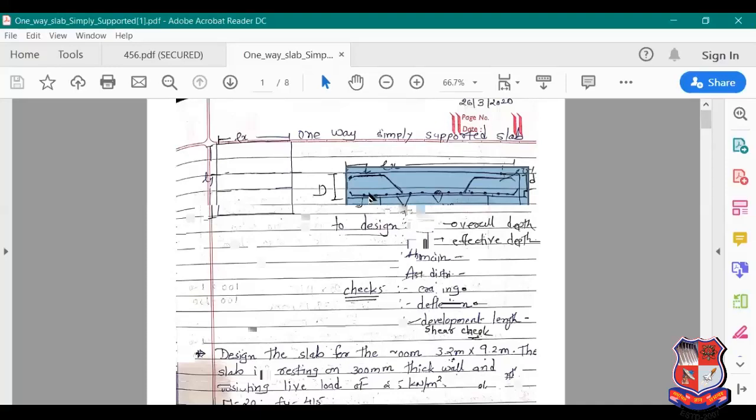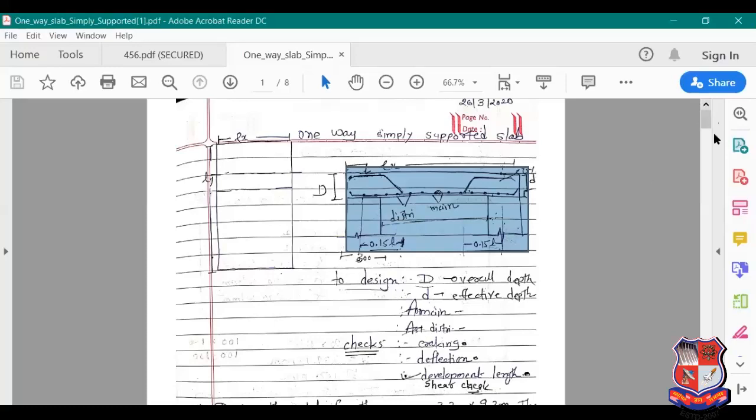In this one, the line parallel to its span is called main reinforcement. And the dots, meaning perpendicular to the main reinforcement's direction, is called distribution steel.